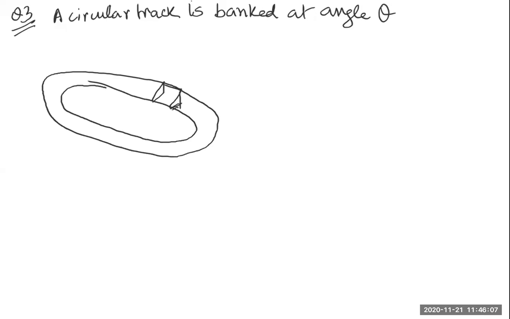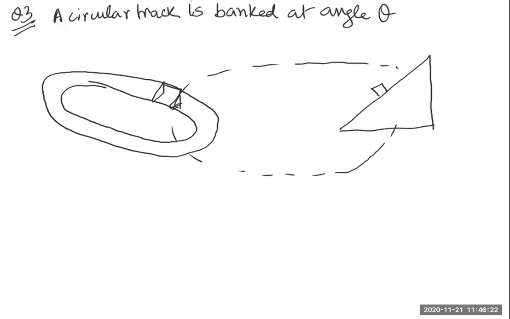This thing is inclined. ऐसे. अगर हम साइड से देखेंगे तो हमको ट्रैक ऐसा दिखाई देगा. और this is a part of a circle like this, and it is this angle which is theta.